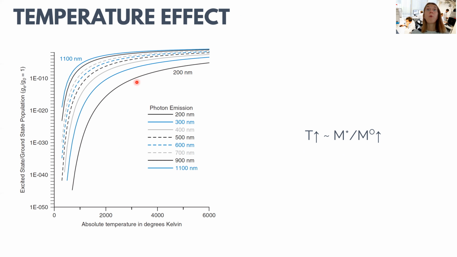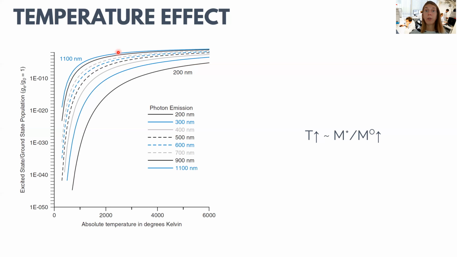So for more energetic transitions, where quanta with lower wavelengths are emitted, the temperature has to be very, very high to produce a reasonable amount of excited state atoms.